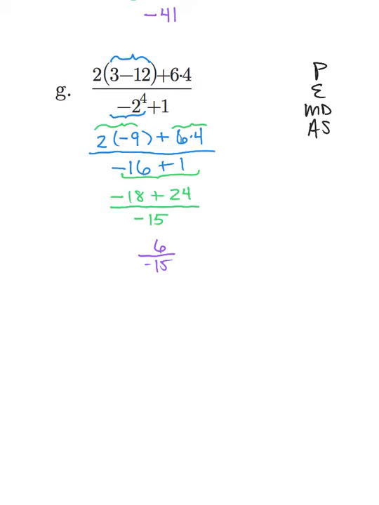We've simplified the numerator, we've simplified the denominator, and so now I want to go ahead and simplify the fraction. We cannot divide this evenly, but we can simplify the fraction. Both of them are divisible by 3, leaving me with 2 over 5, and I'm going to move the negative up to the top just because it looks a little bit nicer there. So our final answer is -2 over 5.